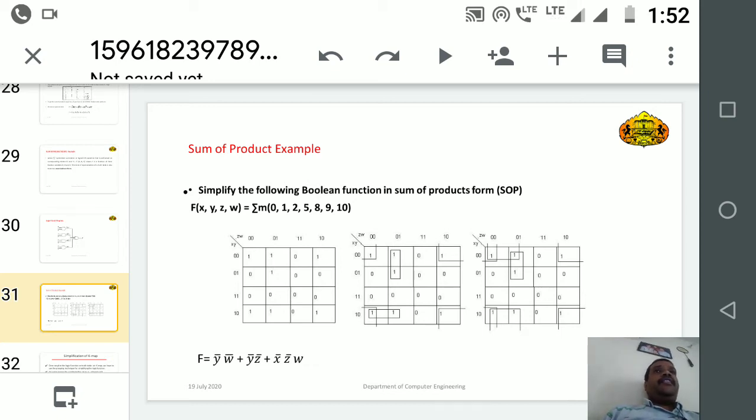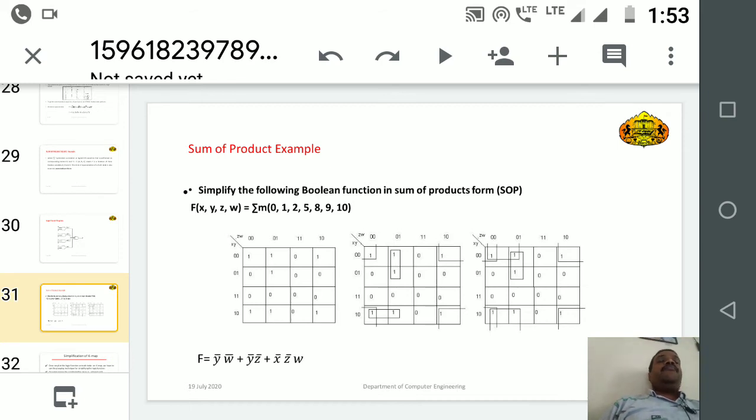Here there are four variables, so how many combinations are formed? 2 raised to 4 is equal to 16, so there are a total of 16 combinations. But here you observe that only 7 outputs are present out of 16. Which ones? 0, 1, 2, 5, 8, 9 and 10.